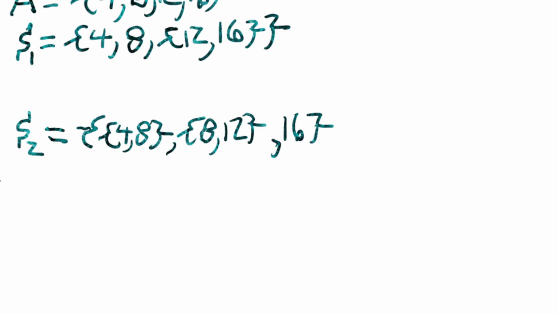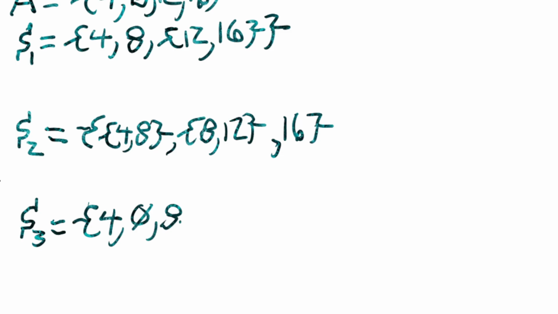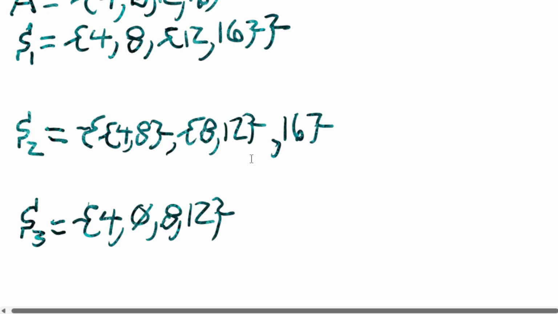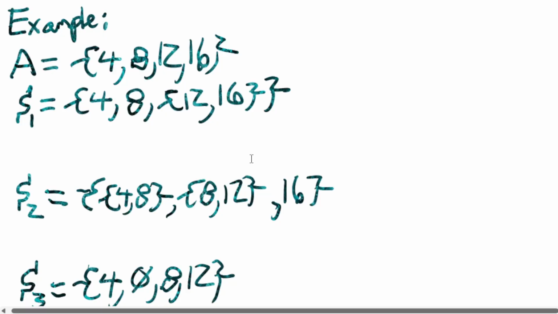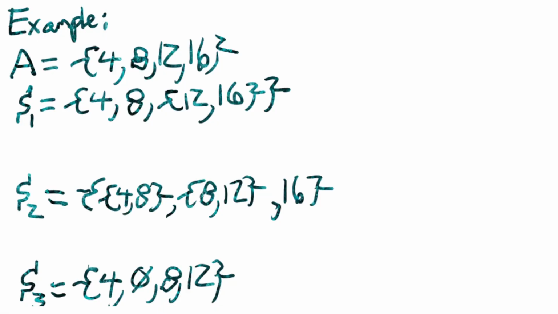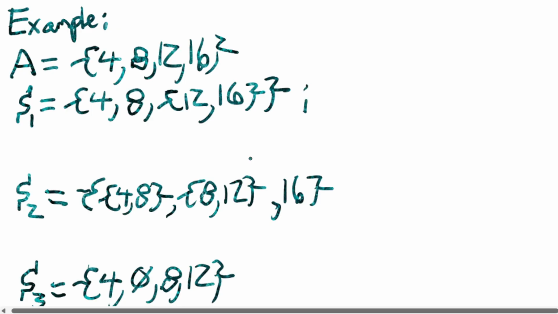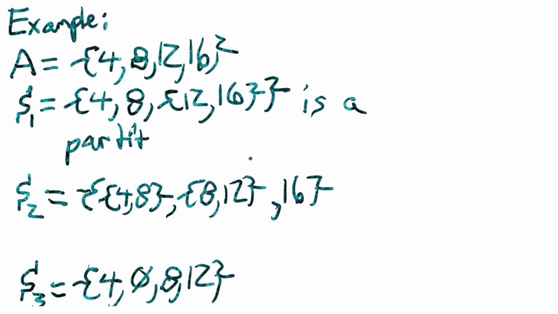And then we have the set S3 with these elements. So, if we were to look at these three sets of S and determine if they are a partition of set A, set S1 is a partition.